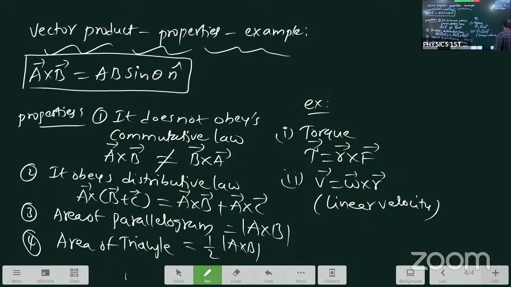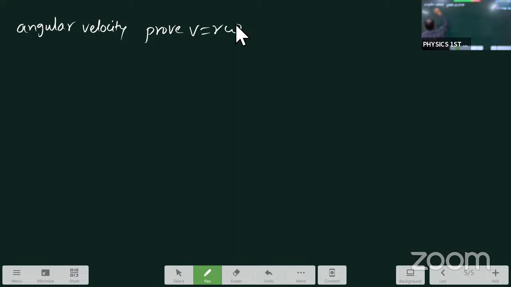Now, the upcoming question from this: define angular velocity and prove V equals R omega. What is angular velocity?